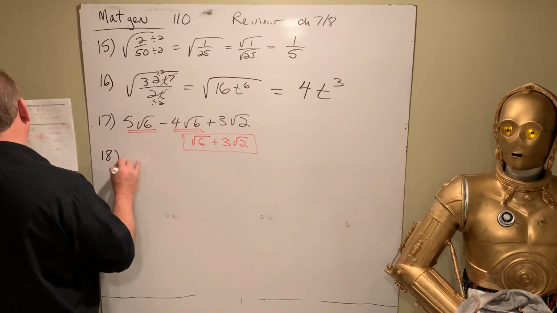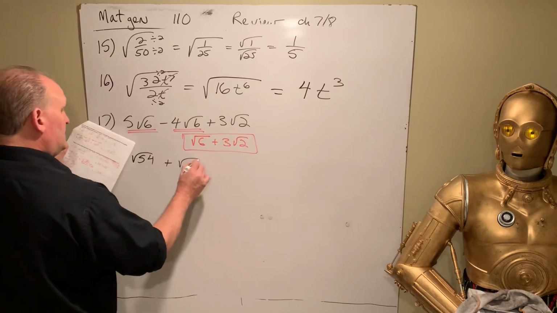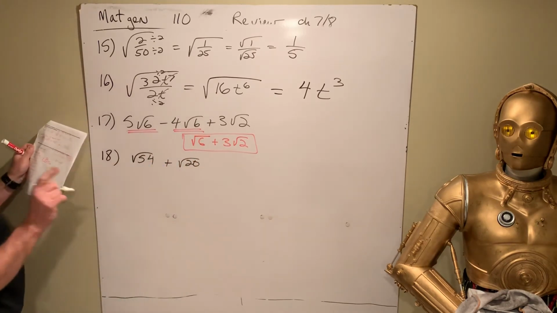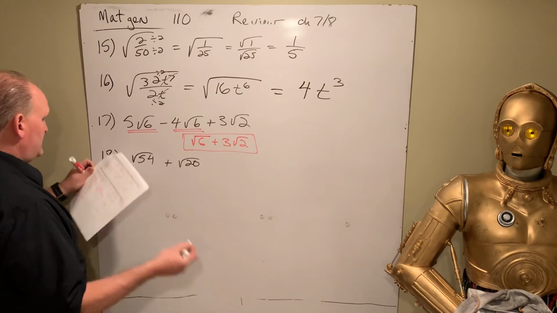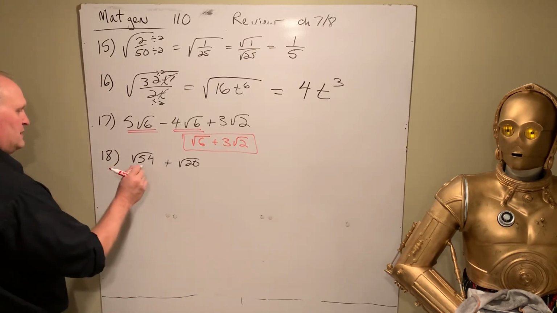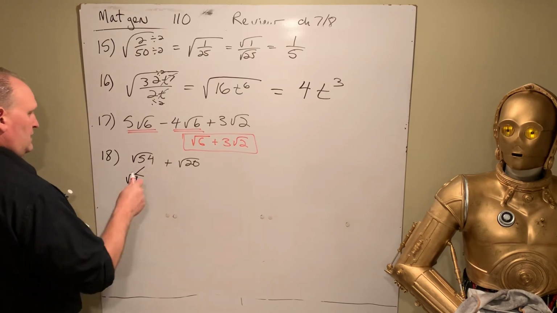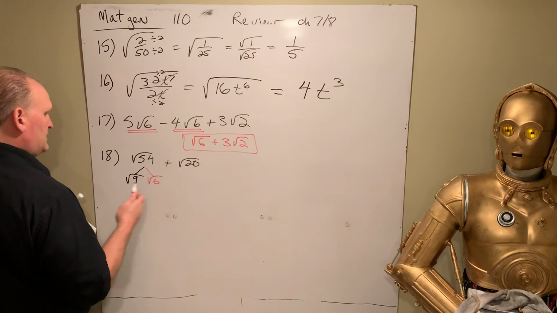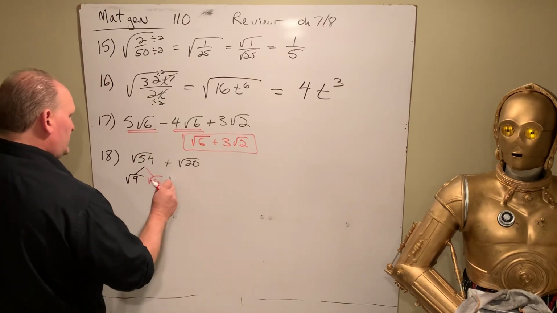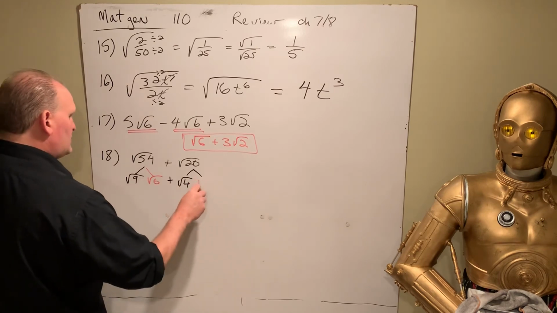18. I don't like 18. I wish it wasn't on here, but it is. So be careful on this one. There's going to be one like this on the test. When you break it down, perfects and leftovers: square root of 9, square root of 6, plus square root of 4, and the leftover there is square root of 5.